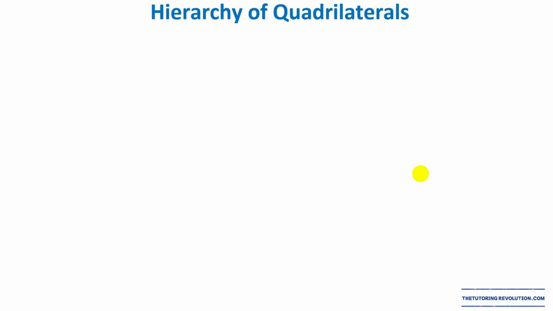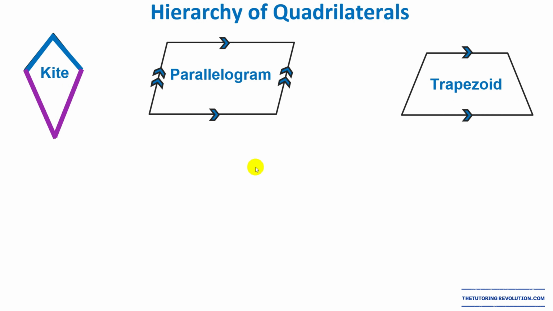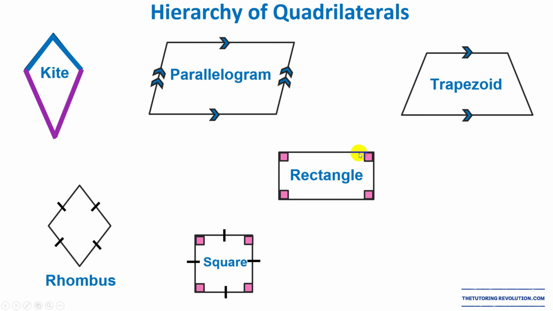Now, we're going to go into a hierarchy of quadrilaterals. Basically, we're going to compare kite, parallelogram, and trapezoid with rectangle, square, and rhombus. Okay, so according to the definition, the rhombus is a parallelogram.